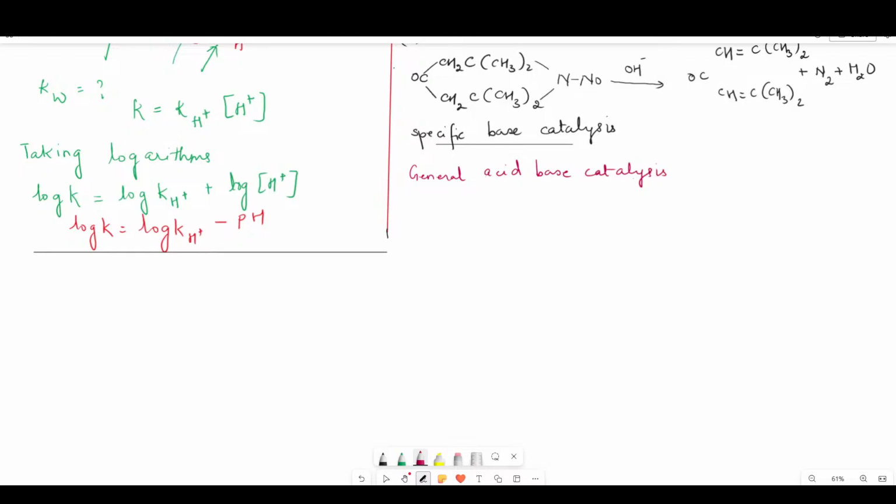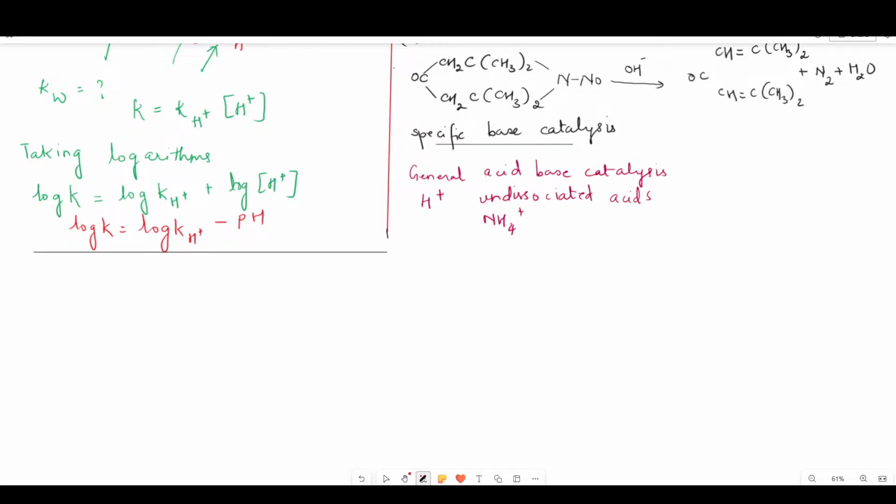The reactions catalyzed by H+ ions are influenced by the presence of undissociated acids and cations of weak bases such as NH4+ ions.